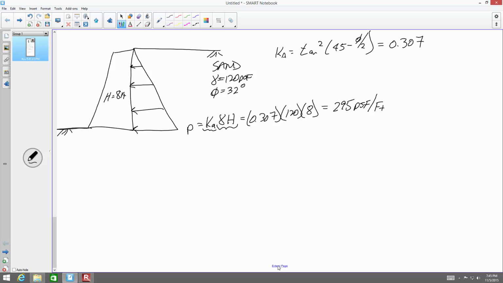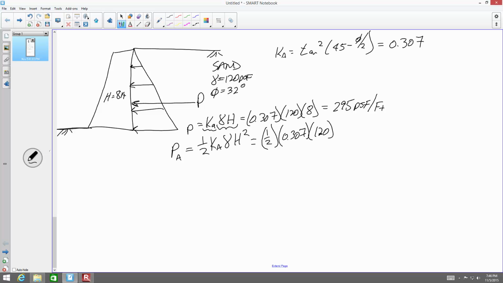Calculate the total earth force on the wall. So when they're looking for total earth force, they're looking for the big P. So that big P sub A is equal to what? 1/2 K sub A gamma H squared. So we know all those terms. 1/2 times 0.307 times 120.